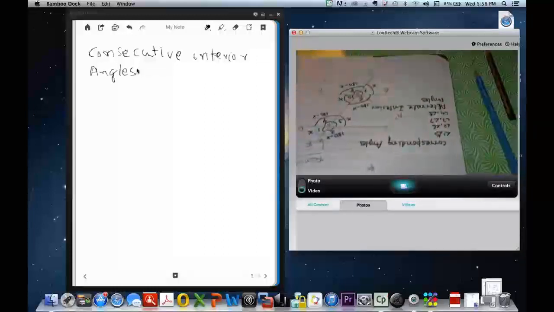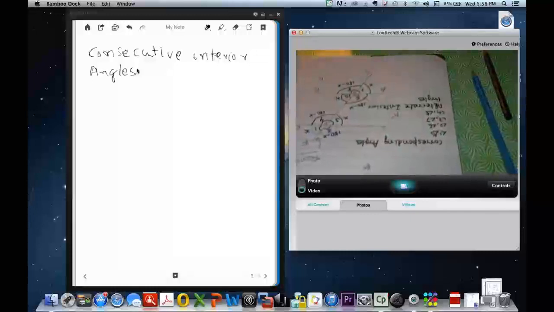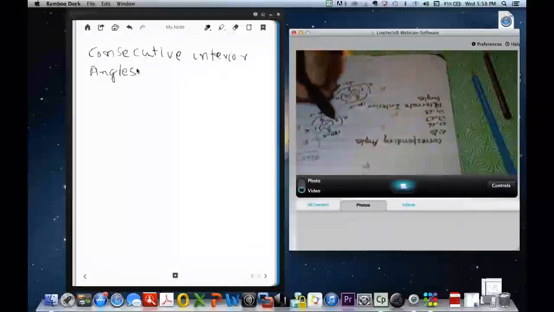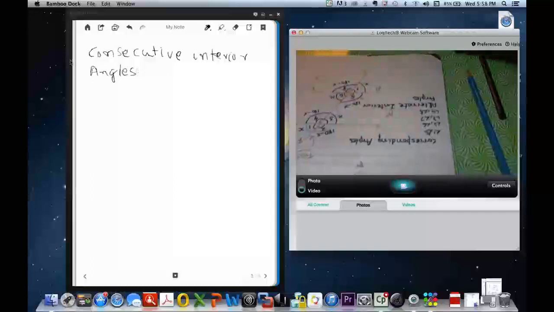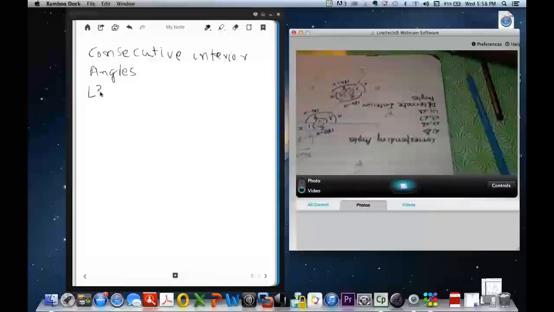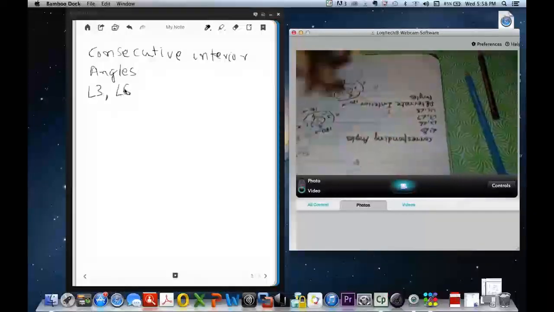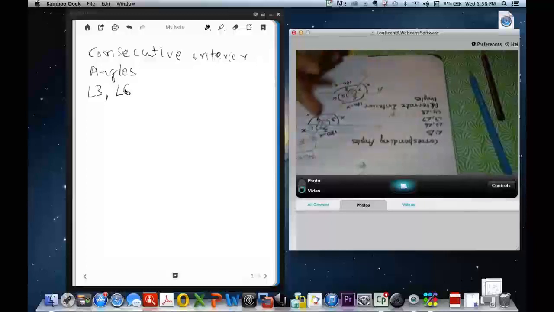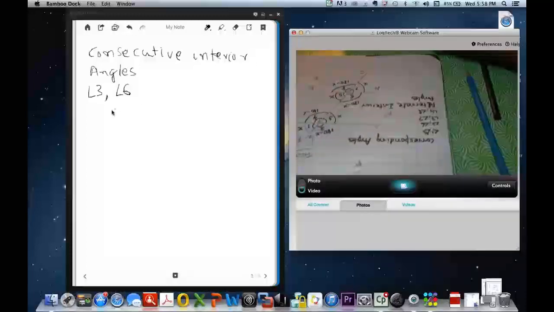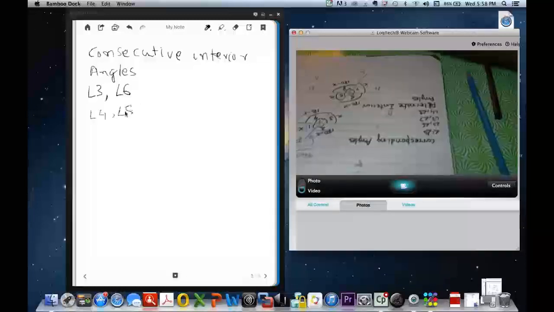Here the consecutive interior angles are angle 3 and angle 6. Angle 3 and angle 6 are consecutive interior angles, these two. And also angle 4 and angle 5 are consecutive interior angles. The interesting part is angle 3 plus angle 6 will be equal to 180 degrees.